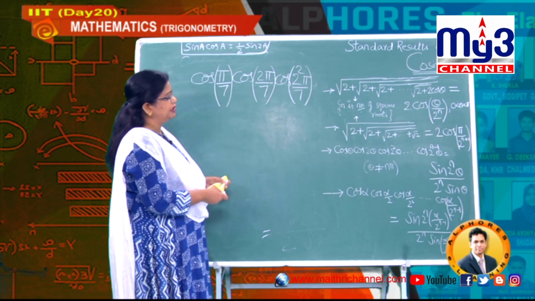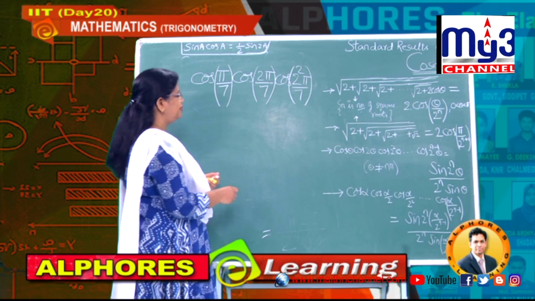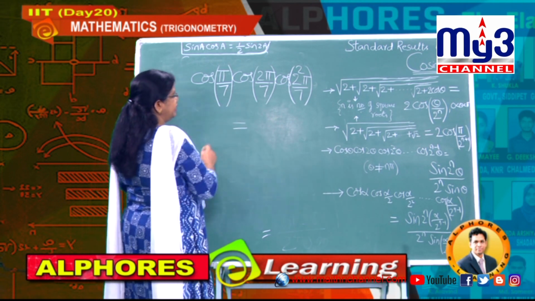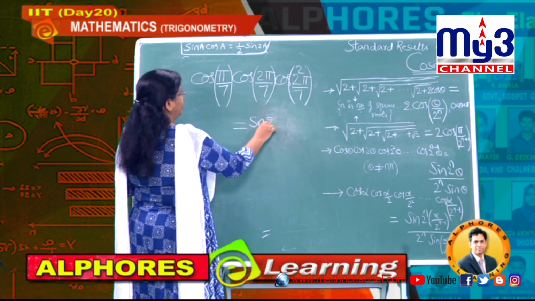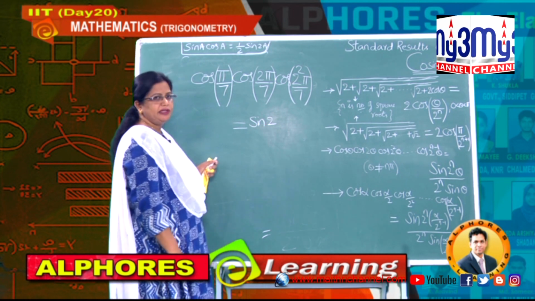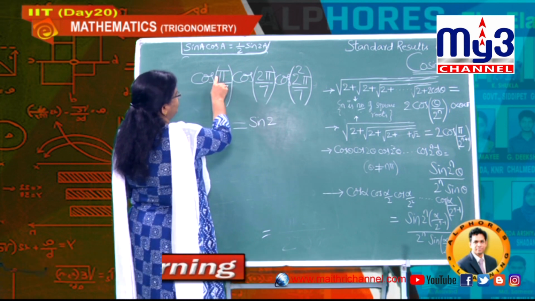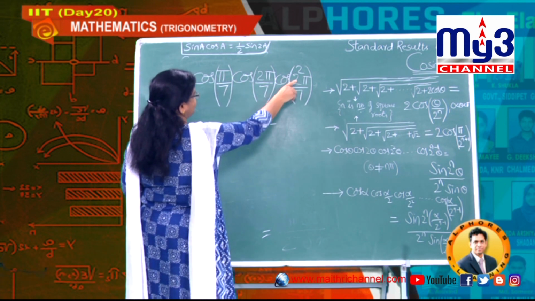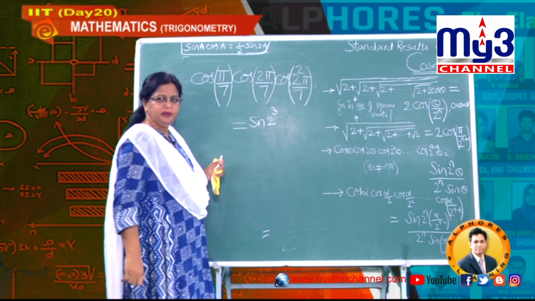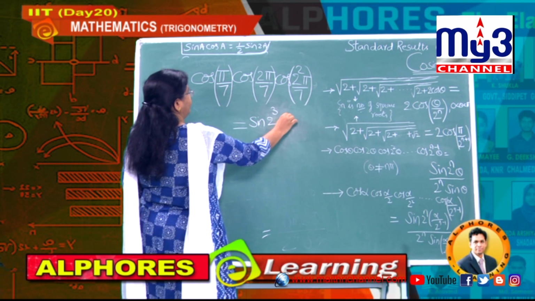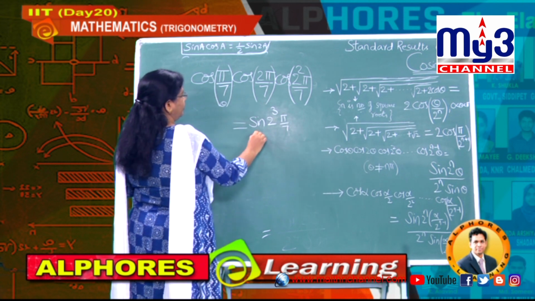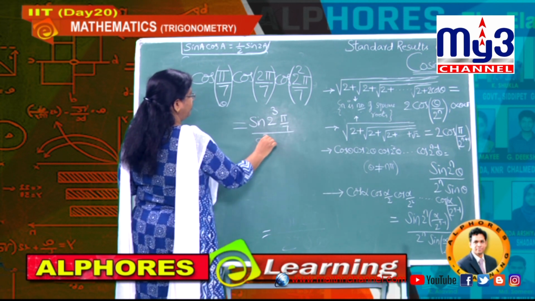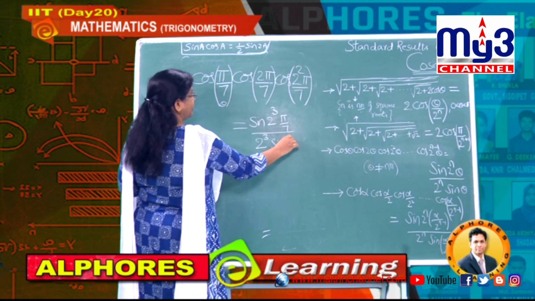So what is our next result? The answer is nothing but how much, students, here? It is equal to sine 2 to the power of n. So 2 to the power of n means what is the continuation here? 2 power 0, 2 power 1, 2 square. So this is 2 cube, right? And pi by 7, divided by, this is our theta, okay? And now whole divided by 2 cube sine pi by 7.